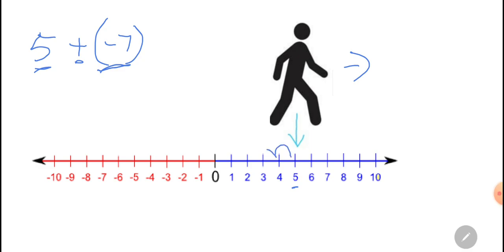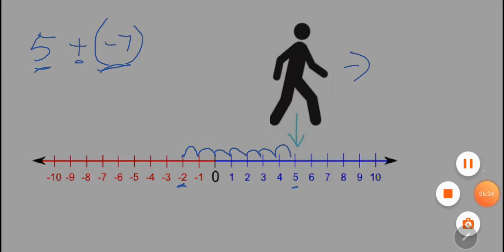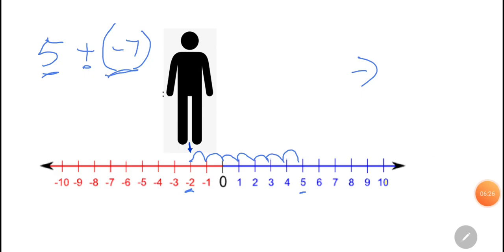So 1, 2, 3, 4, 5, 6, 7. That will mean he'll be standing at negative 2. So as you can see, the answer to the question is negative 2. So 5 add negative 7 is negative 2.